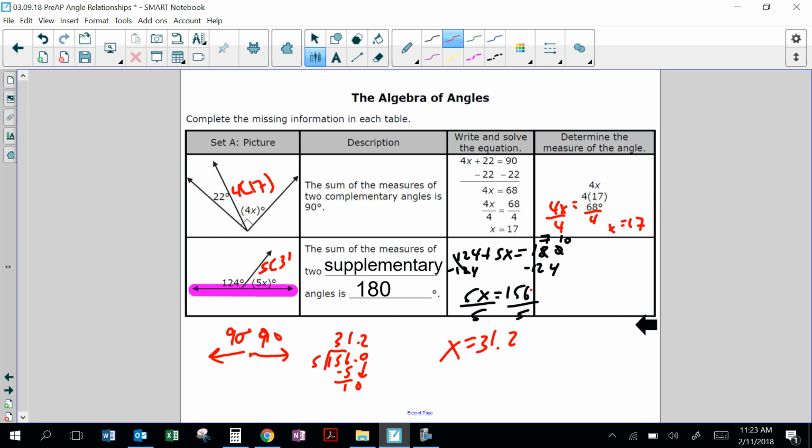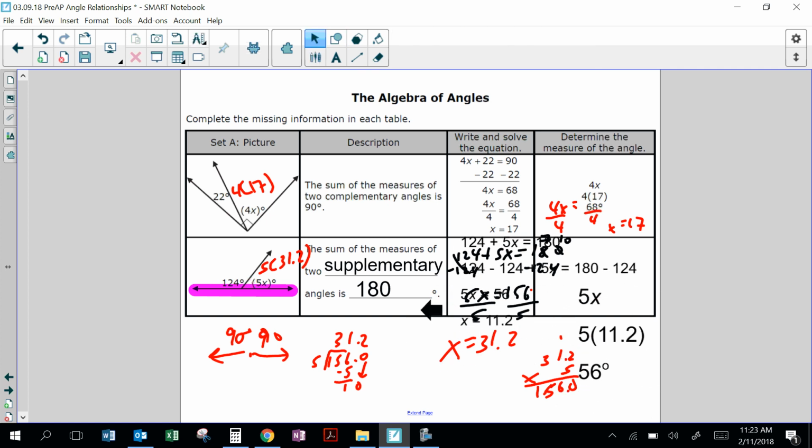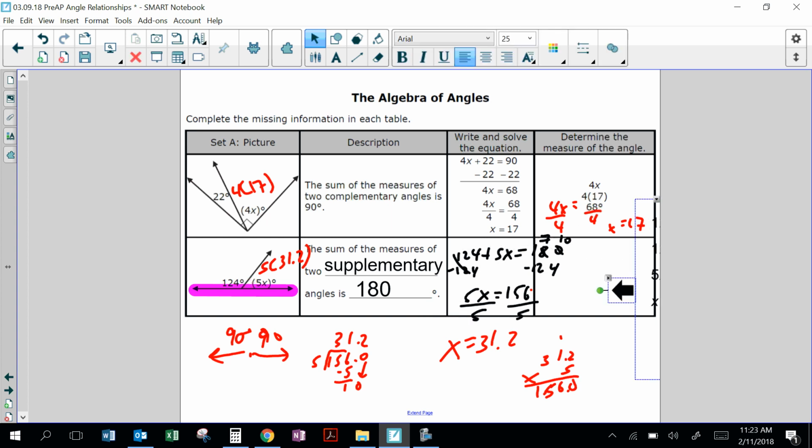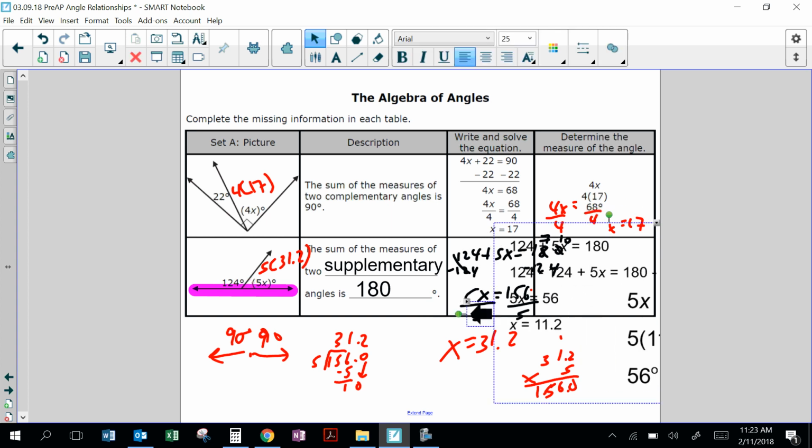What's 5 groups of 31.2? 31.2 times 5 is 10, carry 1. 5 times 1 is 5 plus 1 is 6. 5 times 3 is 15. 156. And here is the work if you don't trust me. And wait, stop. Where am I messing up here?